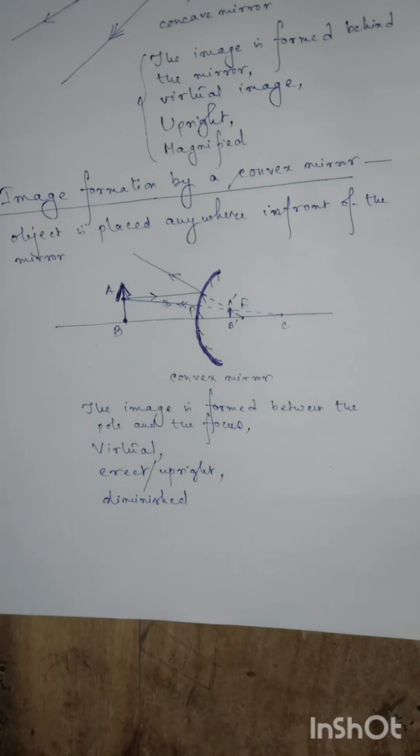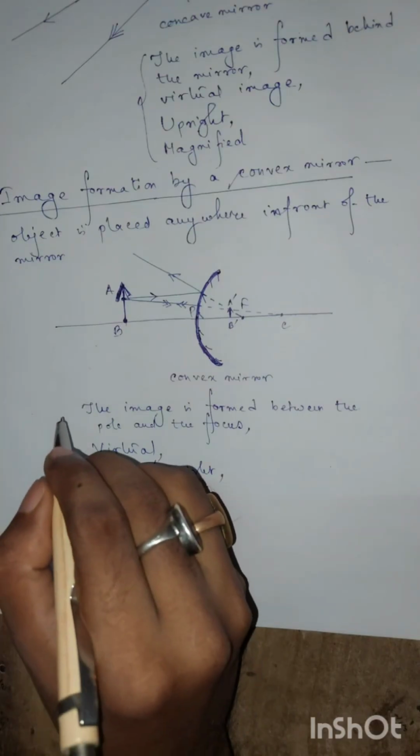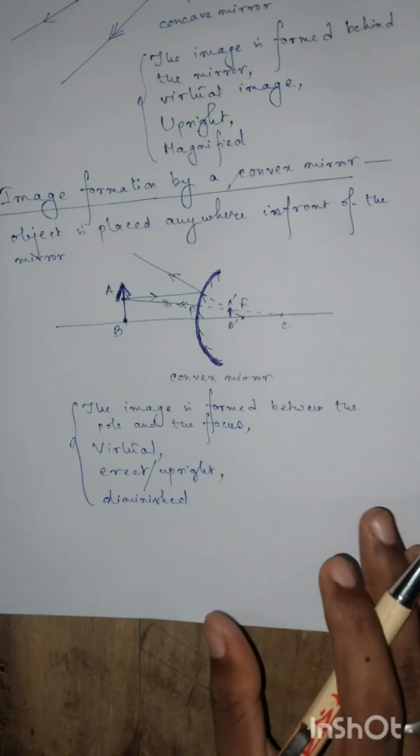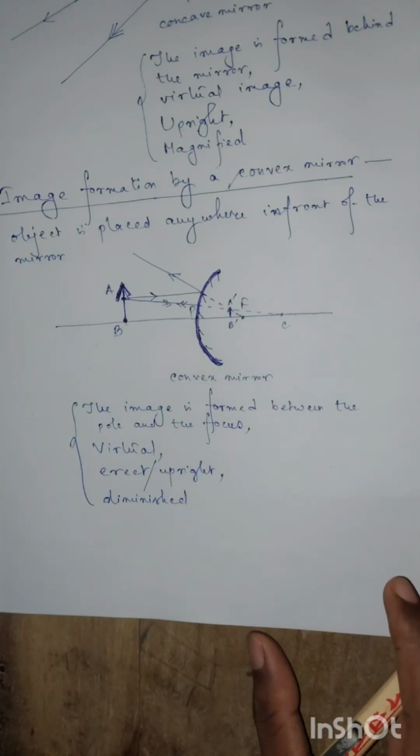That means the size of the image is smaller than that of the object. So these are the properties of the image formed.